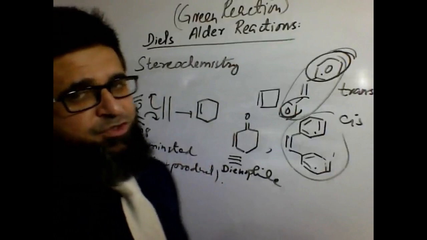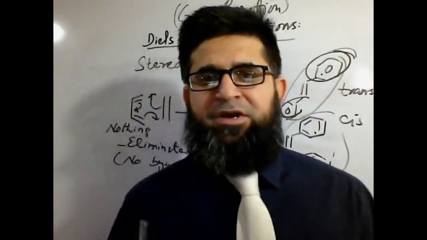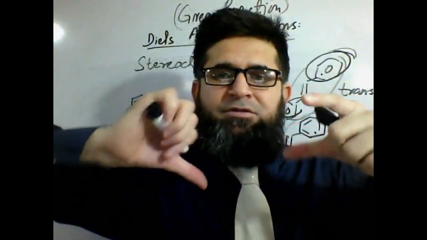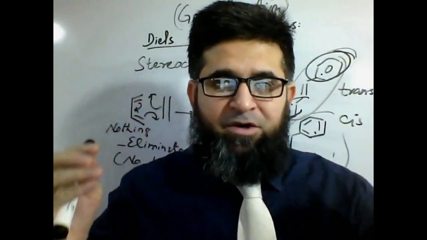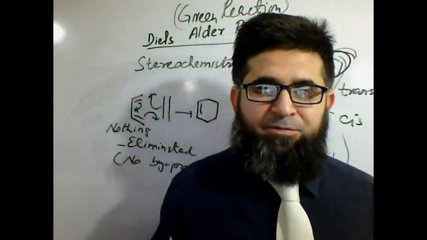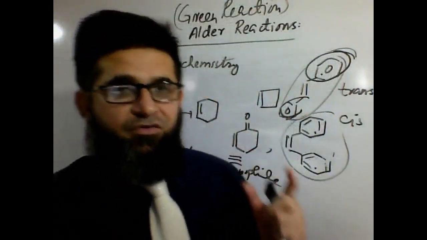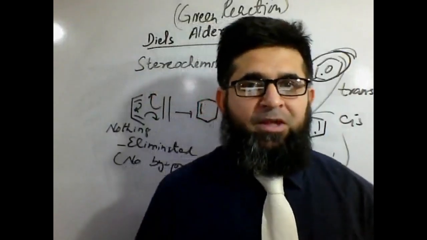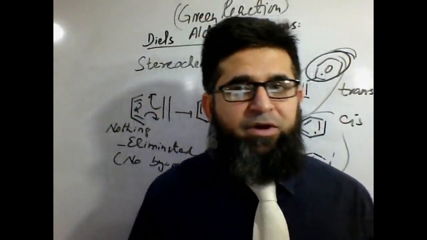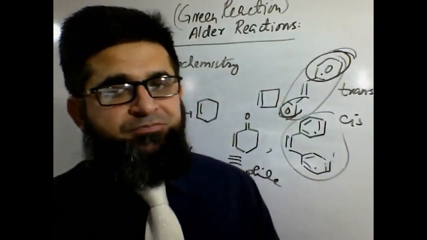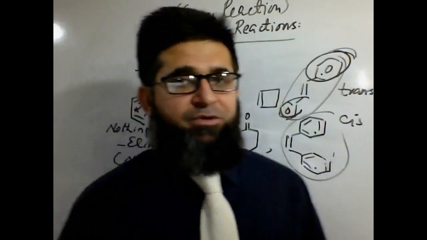No substitution, no additions, no electrophilic, no nucleophilic reactions are involved. Only the movement of the pi electrons gives you a cyclic product. There is no byproduct formation, there are no chances of byproduct formation. Such reactions are called green reactions, eco-friendly reactions. So Diels Alder reaction is a subclass of pericyclic reactions, and I would recommend it as a greener reaction because only the rearrangement of the pi bonds gives you the cyclic product.